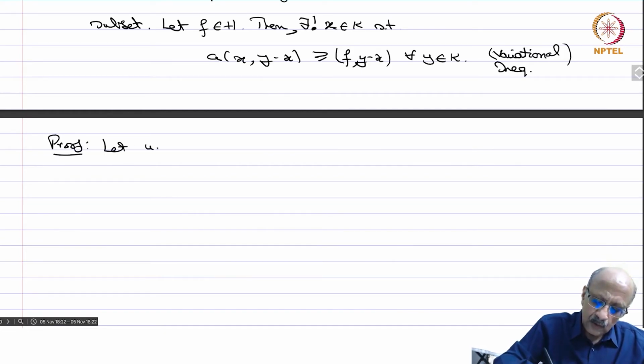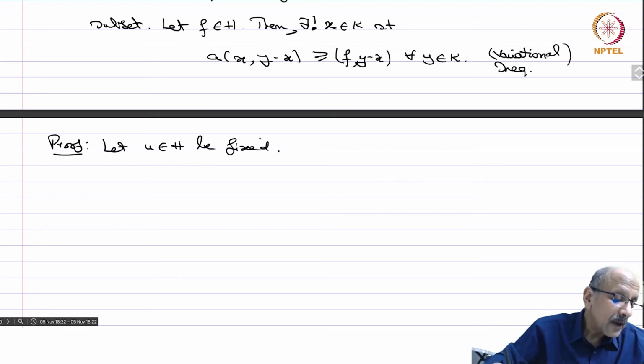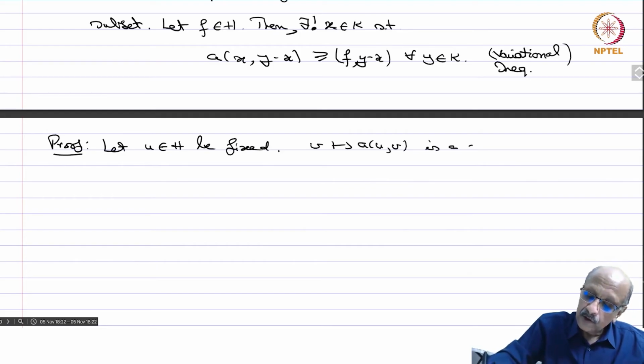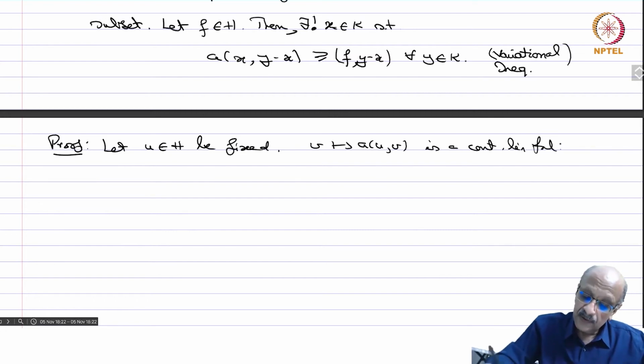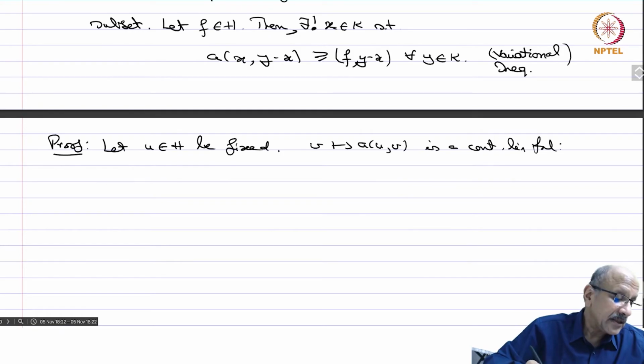Let u in H be fixed. Then v going to a(u, v) is a continuous linear functional, because of the continuity of the bilinear form.